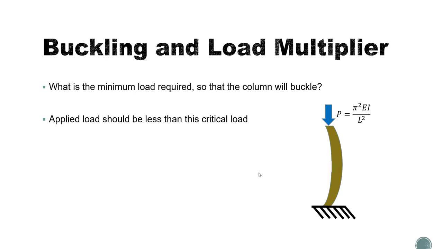So what we actually want is to apply this load in the longitudinal direction, and this load must be less than the critical load for particular boundary conditions. And if this load is greater than the critical load, that means that the column will buckle.